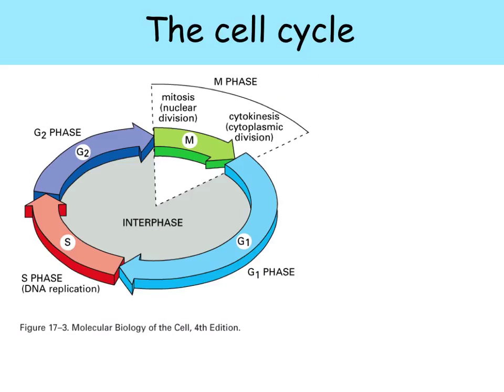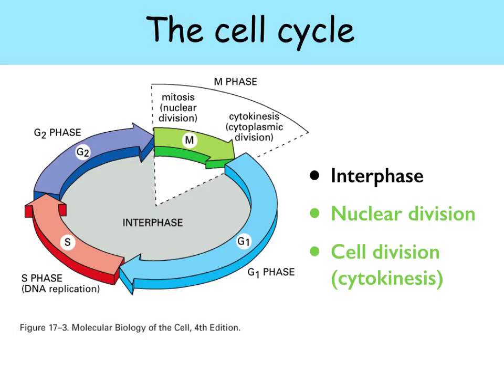So as mentioned earlier, cells don't divide continuously, but they do undergo a regular cycle of division separated by periods of cell growth. This is known as the cell cycle, and it's got three stages. You've got interphase, nuclear division, and cell division, which we also call cytokinesis.